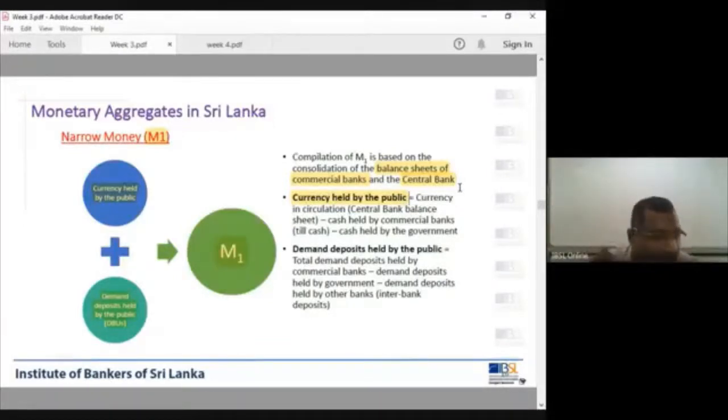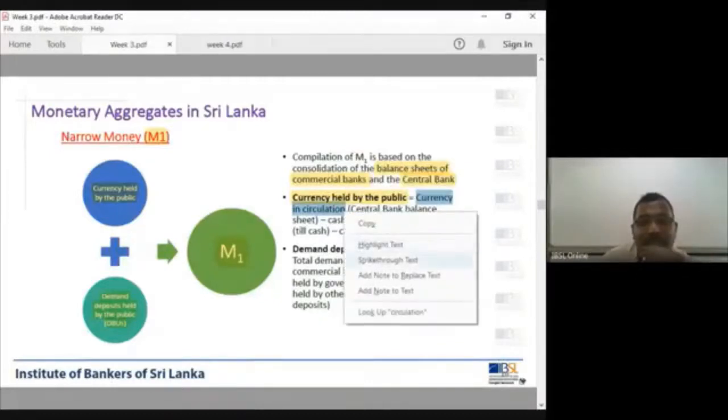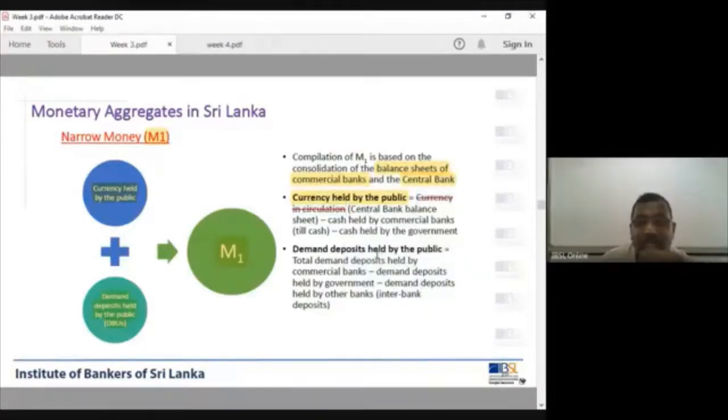But when you calculate it, we have to be careful. Why? In reserve money, we have currency, but it's the total currency. You call it currency in circulation. Remember that word, currency in circulation. I told you there was a mistake in the slide. I told you to correct it.